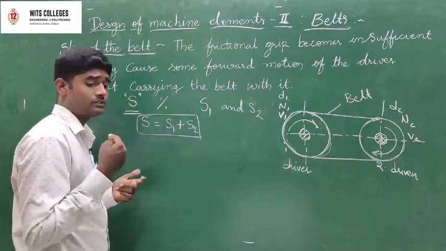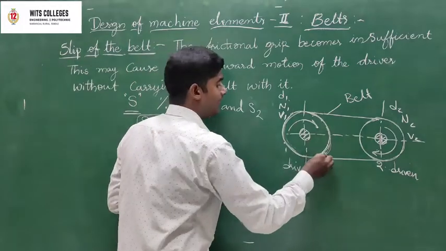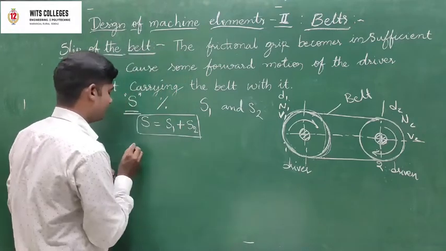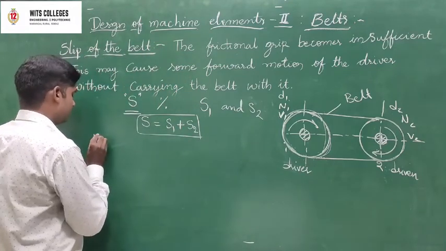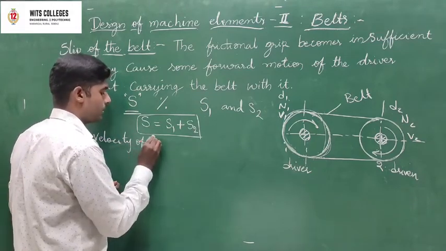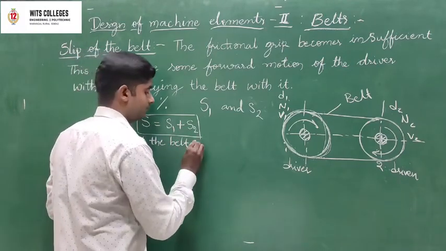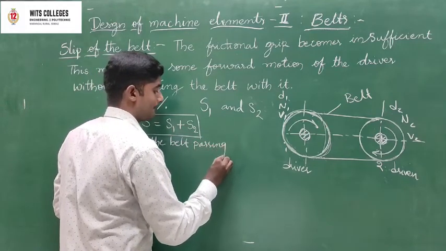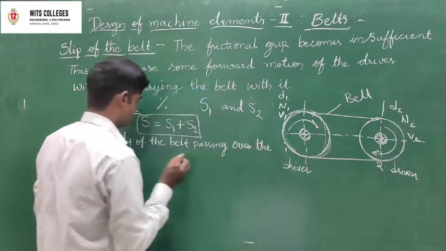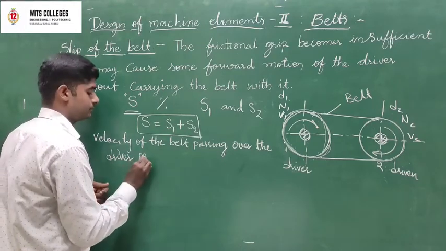Next, coming to the velocity of the belt passing over the driver per second.